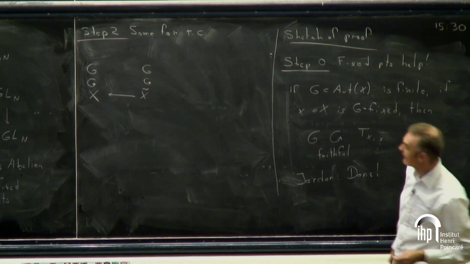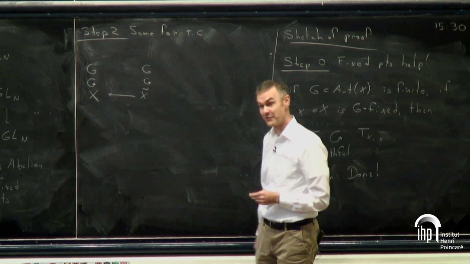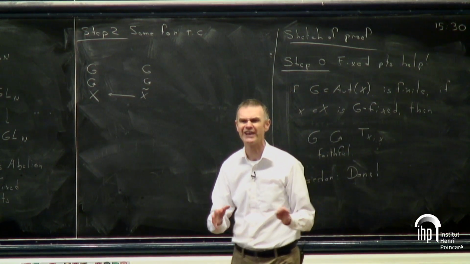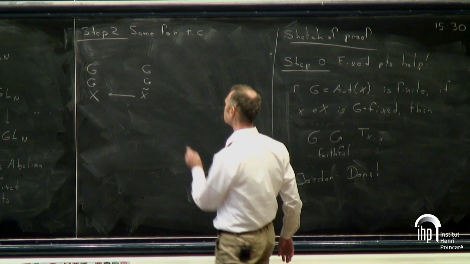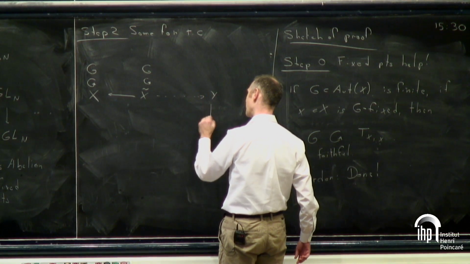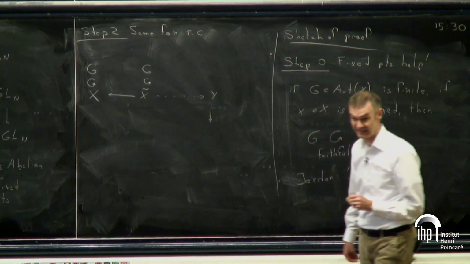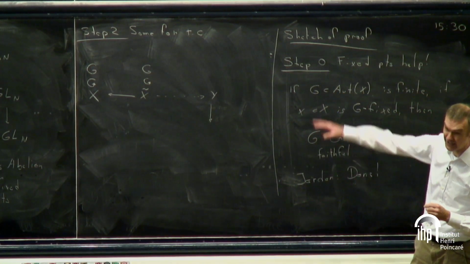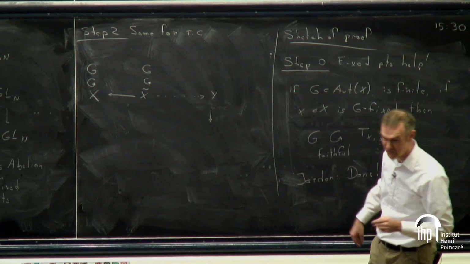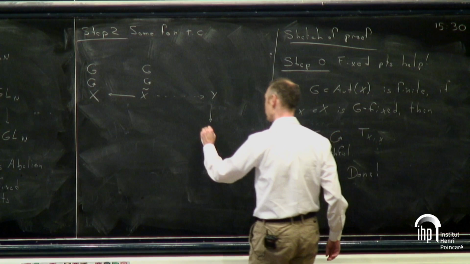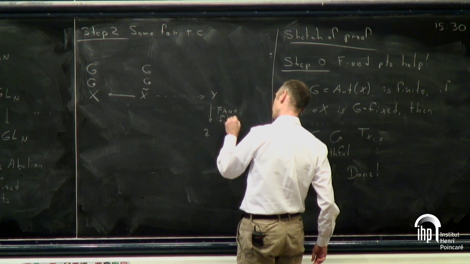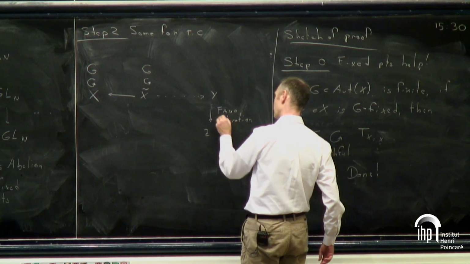Then I apply the minimal model program, this sequence of birational transformations that are like blowing down. I come to my space Y, and my space Y is a fibration, and in this setting with rationally connected and many rational curves on there, it can't be Calabi-Yau, too many rational curves. So this will be a Fano fibration.